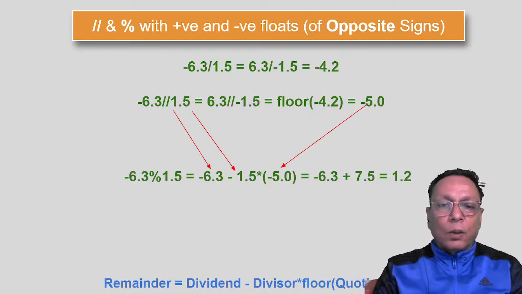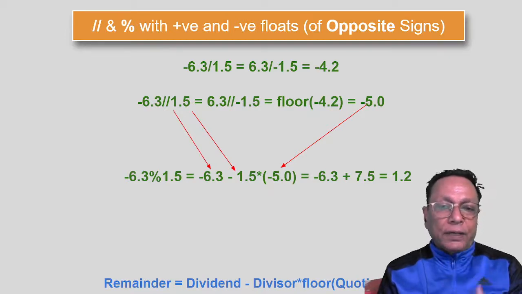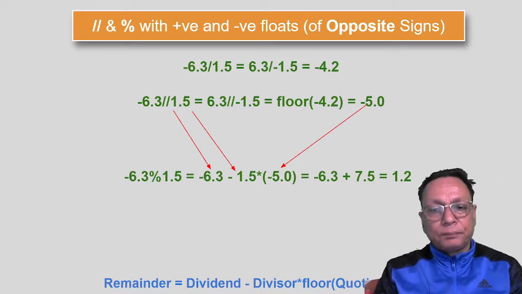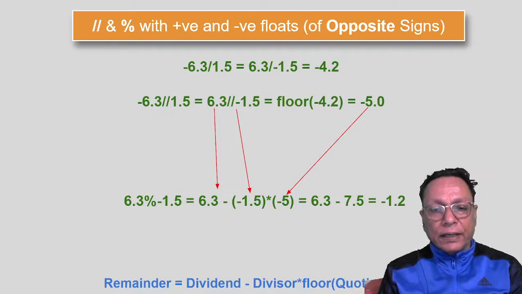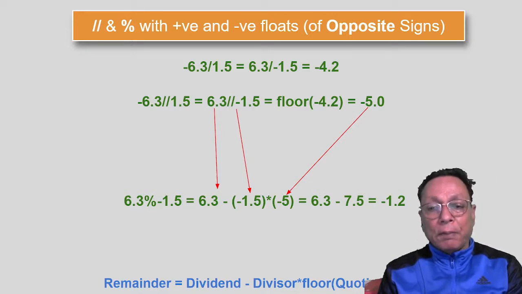Next case, when the dividend is positive and the divisor is negative, then see what happens. So here the dividend is positive, the divisor is negative. So 6.3 minus the divisor, that is minus 1.5, multiplied by the floor quotient, that is minus 5. So minus 5 into minus 1.5 will give you 7.5 positive.